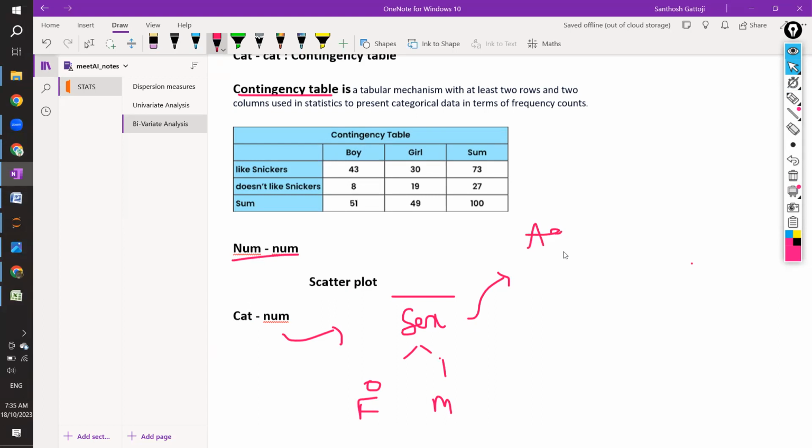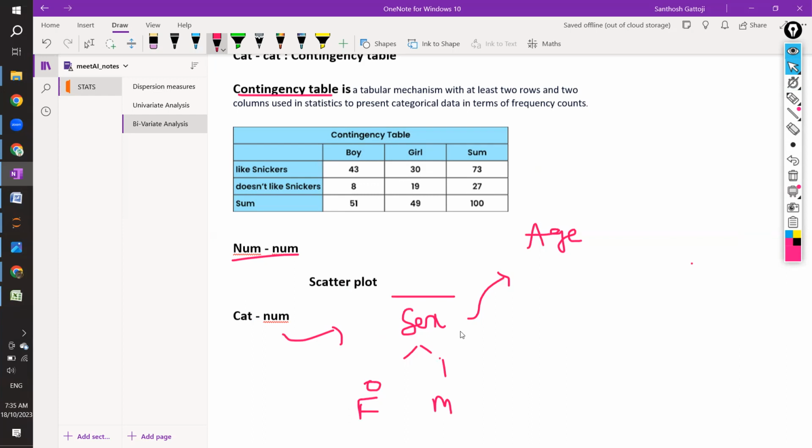Now, coming to age, which is a numeric column, a discrete numeric column you can call it. So if I have two columns, sex and age, categorical and numerical, you can handle them in different ways.